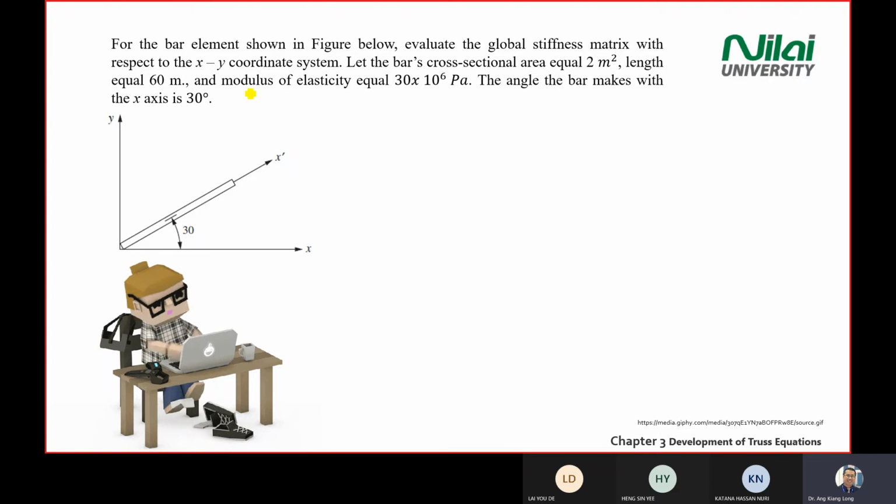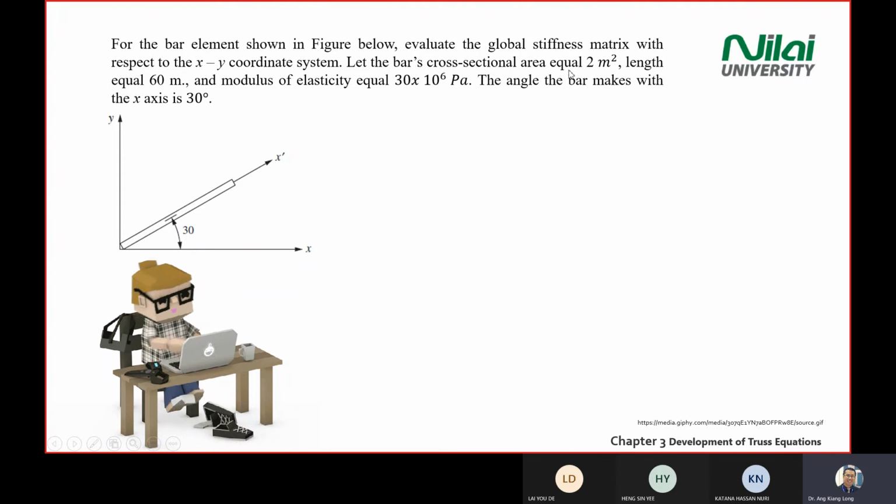So again, we will have one bar on the screen here, and this bar is located in the local axis, x prime. And the angle between the global and local is 30 degrees. The statement was given as follows. You need to evaluate the global stiffness matrix with respect to the x and y coordinate system.